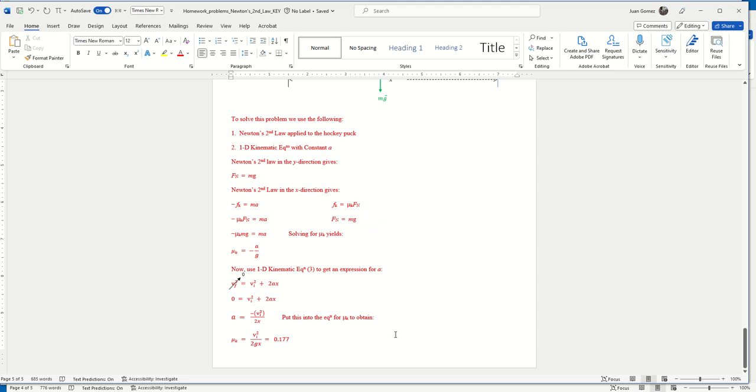Then when they get to the bottom, they're now on the horizontal, and they continue skiing, but eventually they're going to come to a stop. Right away, that tells you it's going to be Newton's second law and one or more of the 1D kinematic equations.